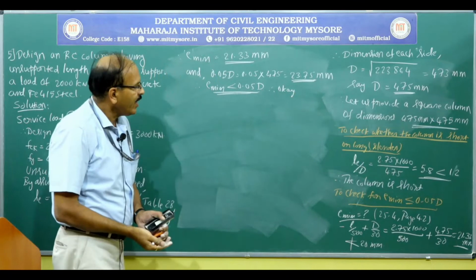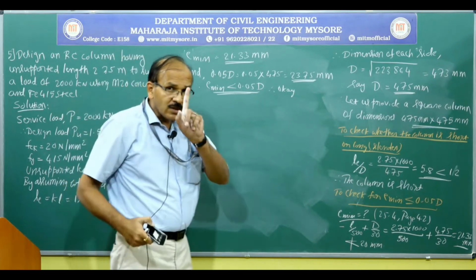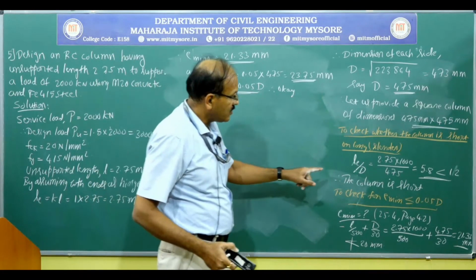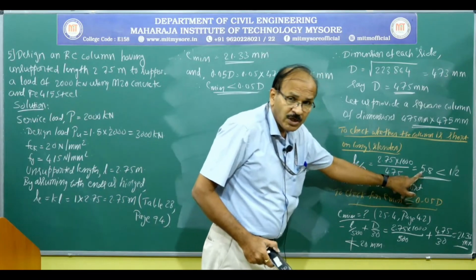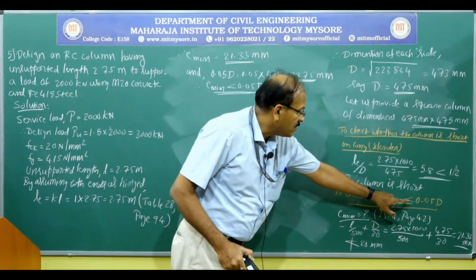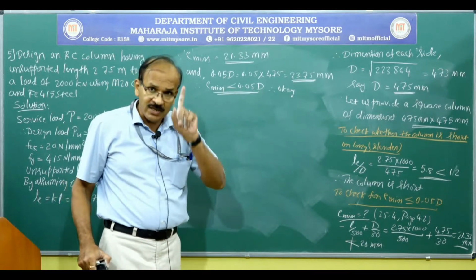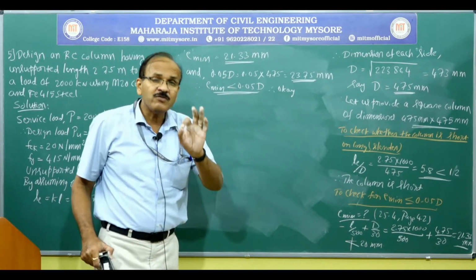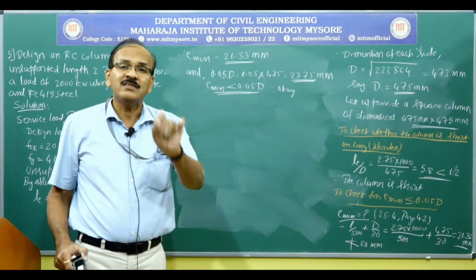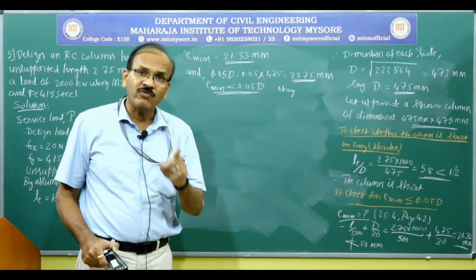What is the meaning of OK? So both conditions are satisfied. That is, the column is short and E minimum is less than 0.05 D. That way we are justified in making use of the formula given under 39.3 on page 71 of the code book.